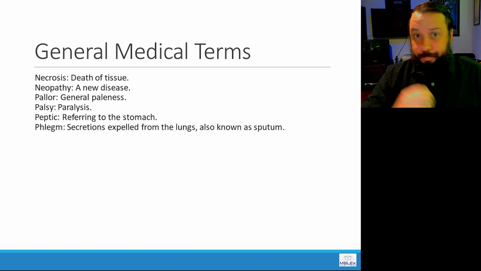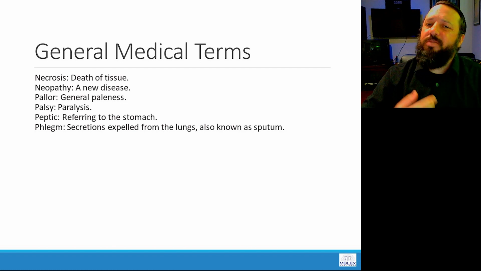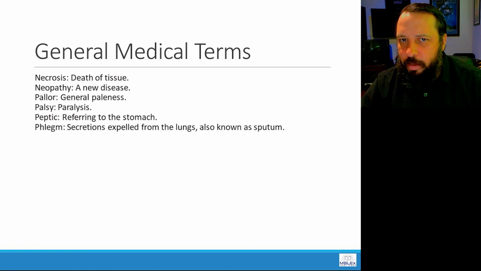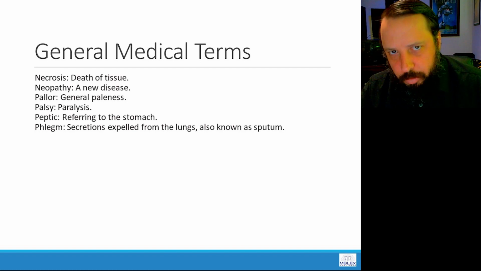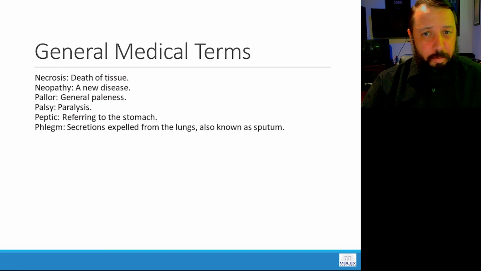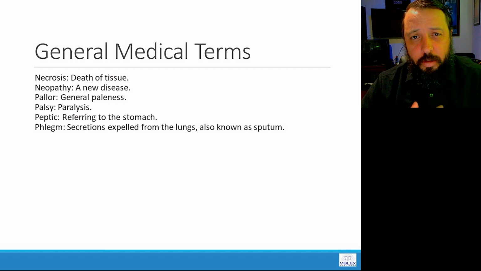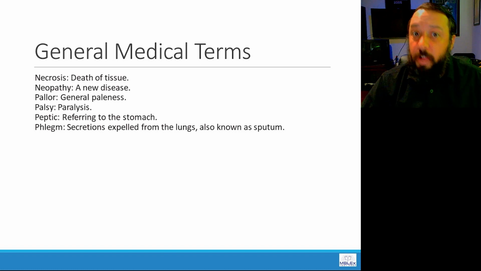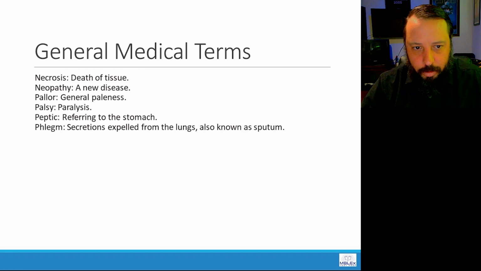Okay, that's essentially it. I always feel like there's a little bit of phlegm trapped in here because of my asthma. That's one of the fun parts of asthma, is an increased amount of mucus production in the lungs. So I always feel like I'm coughing things out of my lungs, constantly expelling phlegm or sputum from my lungs. So phlegm, sputum, same thing. Secretions expelled from the lungs.